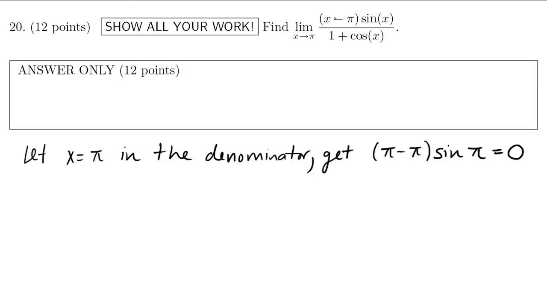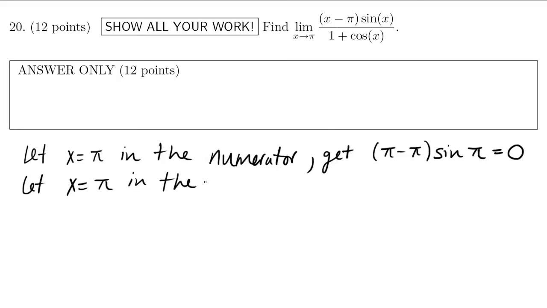So the top is 0. Sorry, I should have said numerator here. So when we let x equal pi in the numerator, we get 0.